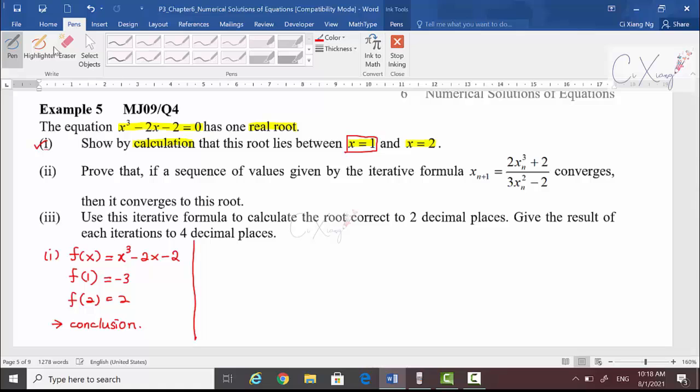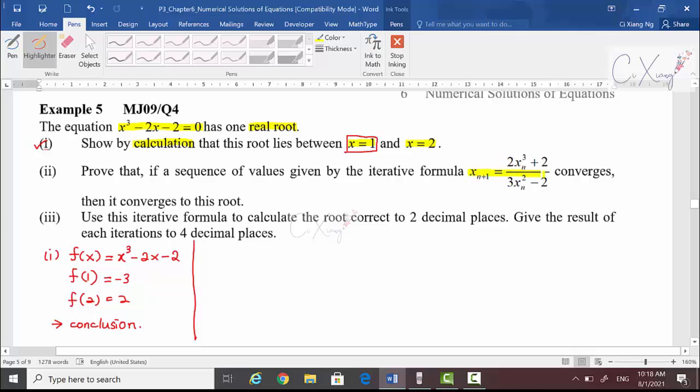For the second part, they want you to prove that if a sequence of values given by the iteration formula, this is the iteration formula given, converges, then it converges to this root.